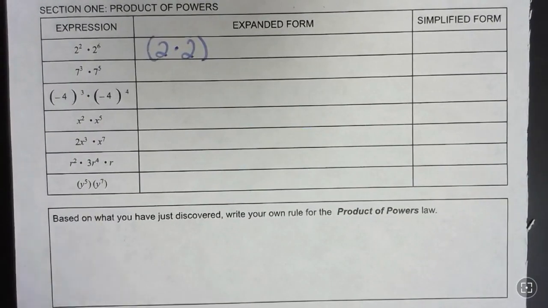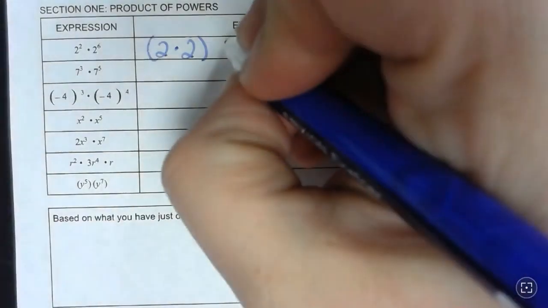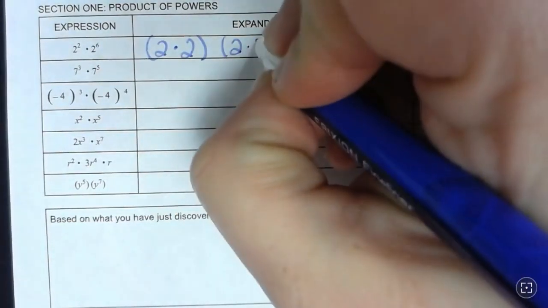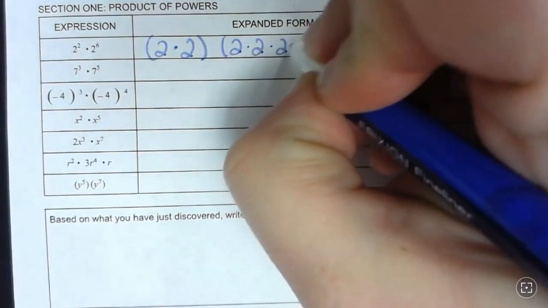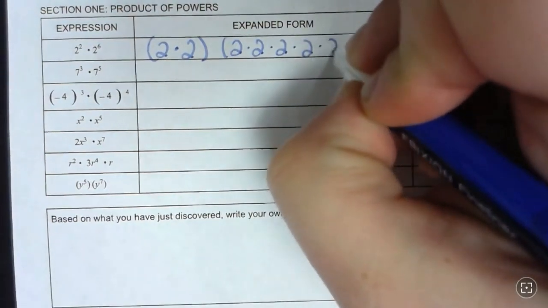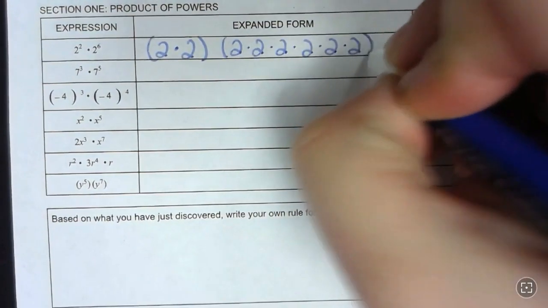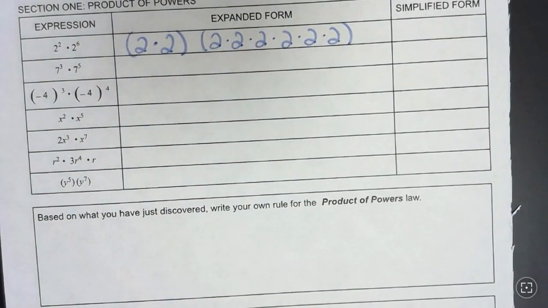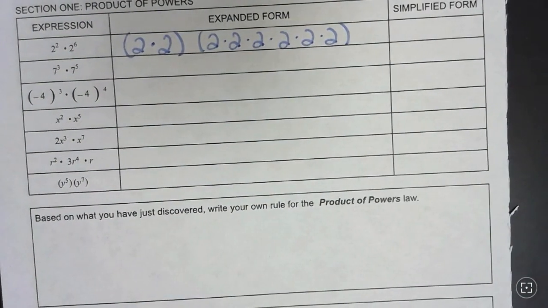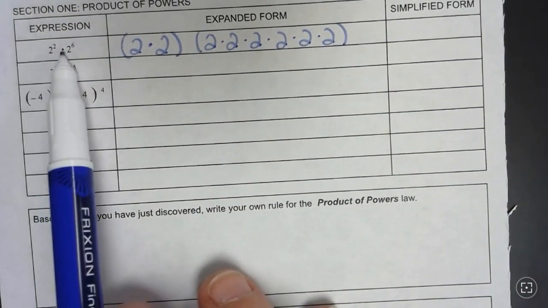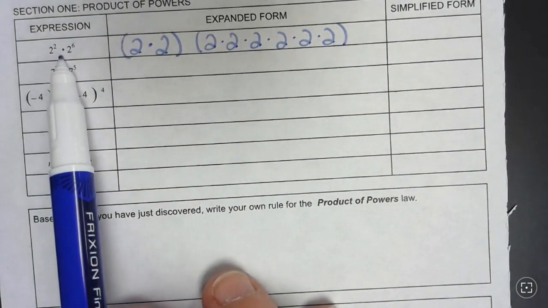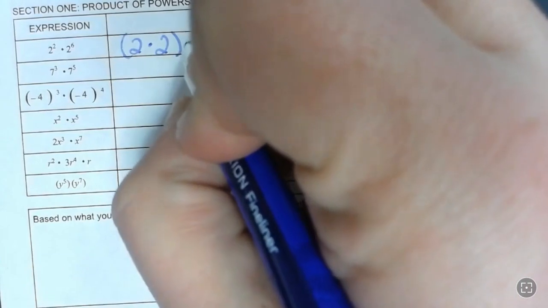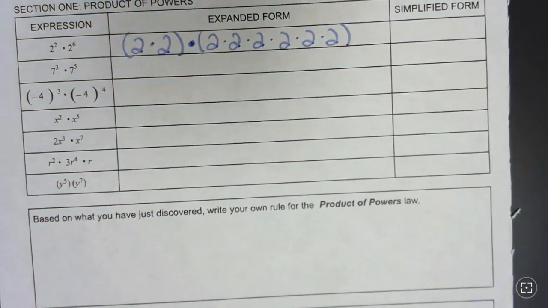We also know that 2 to the 6th power means 2 times itself 6 times. 1, 2, 3, 4, 5, 6. 2 times 2, 6 times. Looking at this sign right here, that's multiplication. So I'm going to add that little multiplication symbol in there.